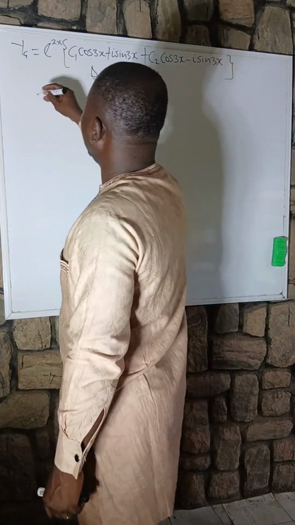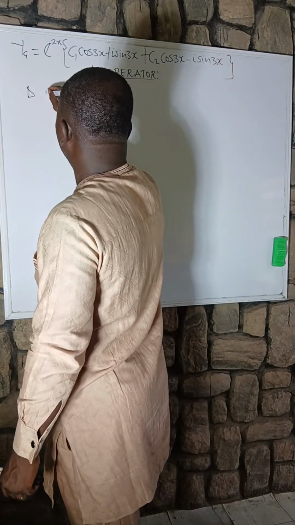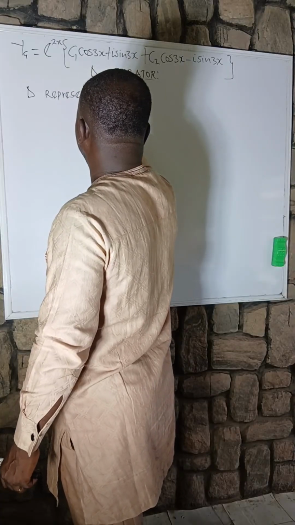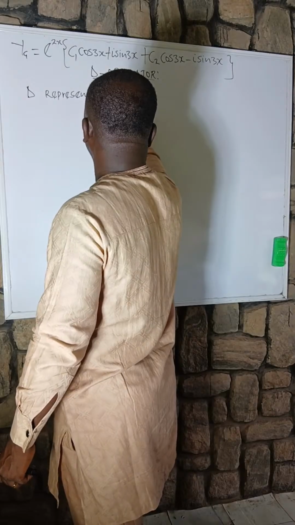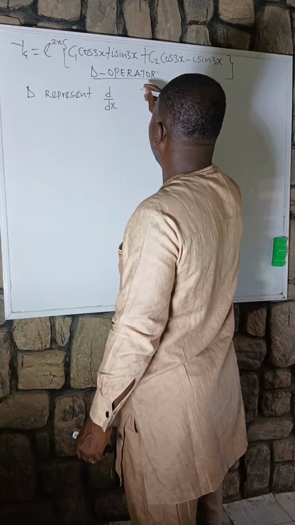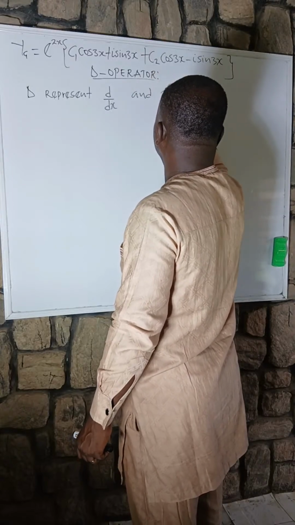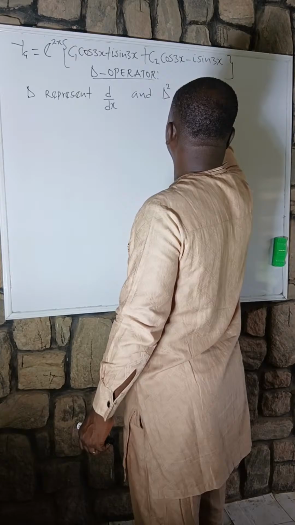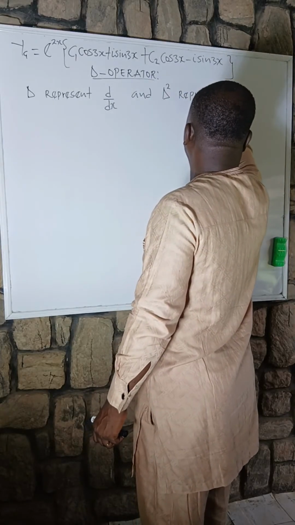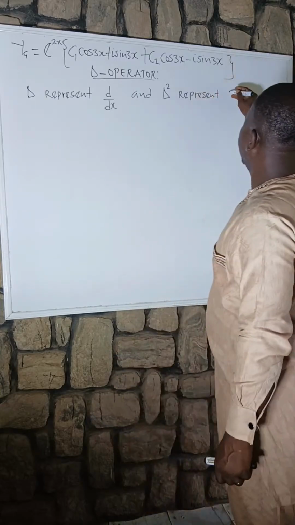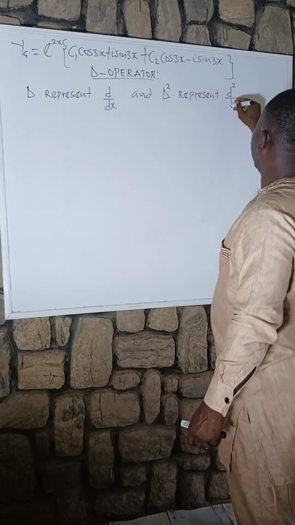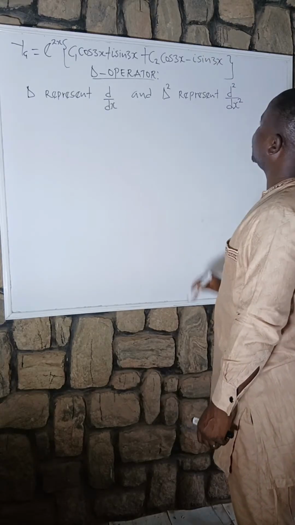Mind you, D represents d all over dx, and take note, D squared represents d squared all over dx squared.